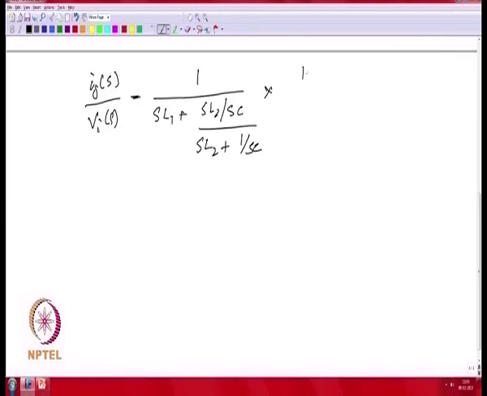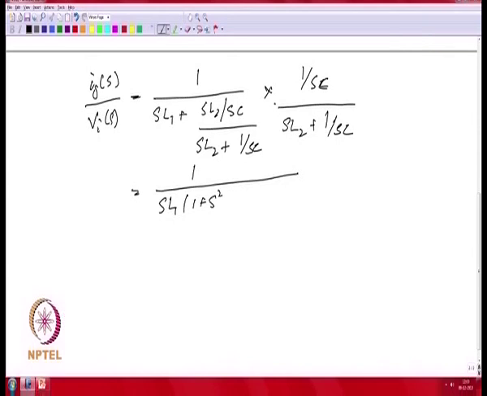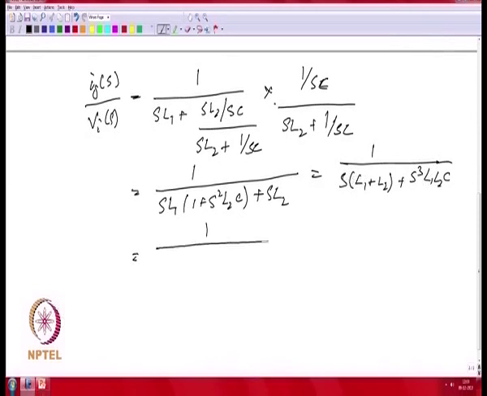So you can write it as 1 by sC divided by, so this is equal to 1 by s(L1 plus L2) into 1 plus s square L1 L2 C divided by L1 plus L2.